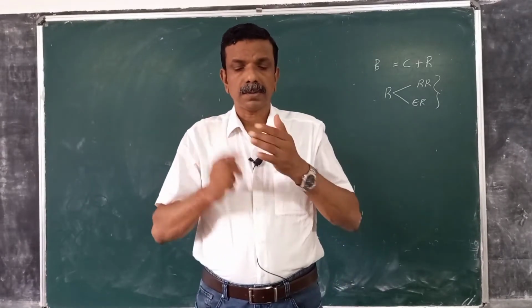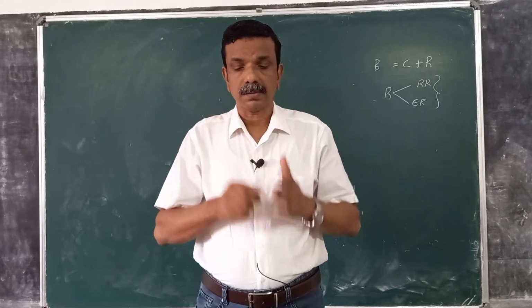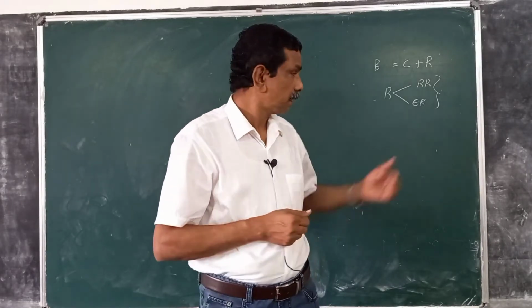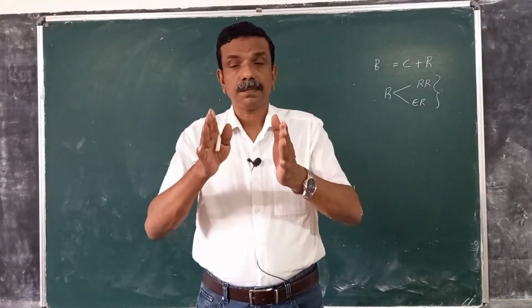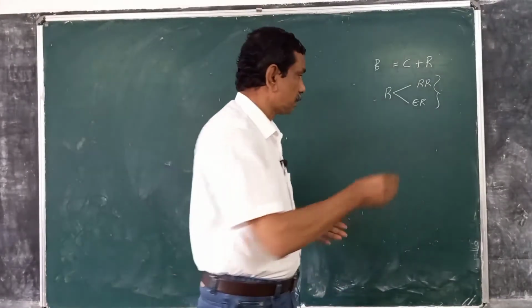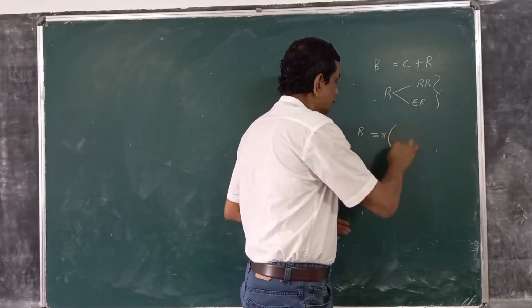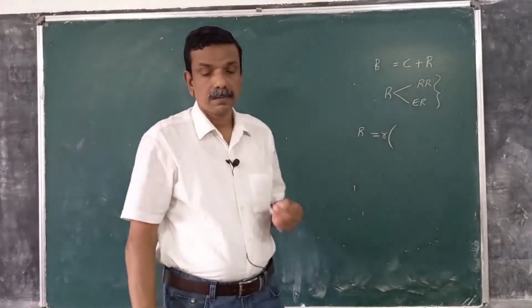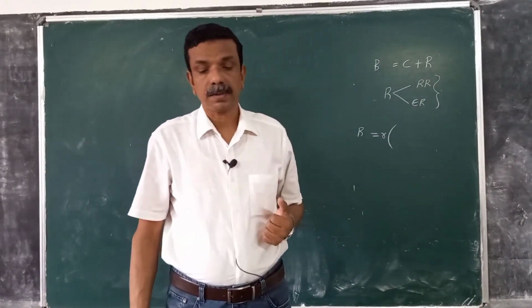And we also assume that commercial banks' reserves, that is R, are a fixed portion R of what is known as total bank deposits.